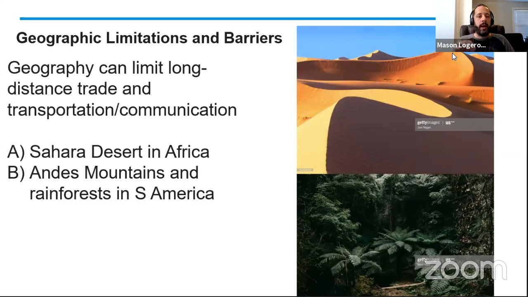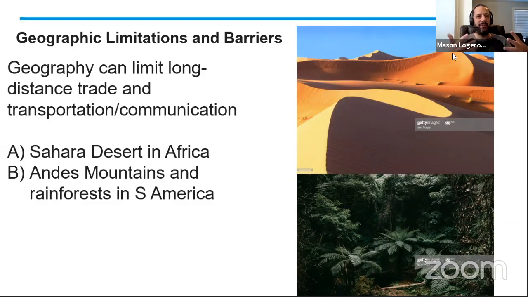Now, I also want to think about how geography can be a barrier and limitation to the growth of kingdoms and empires. For one, it can definitely limit long distance trade. Think about when it comes to West Africa, we really don't see long distance trade across the Sahara Desert until the discovery of gold and salt. Before that, no one wanted to cross the Sahara Desert.